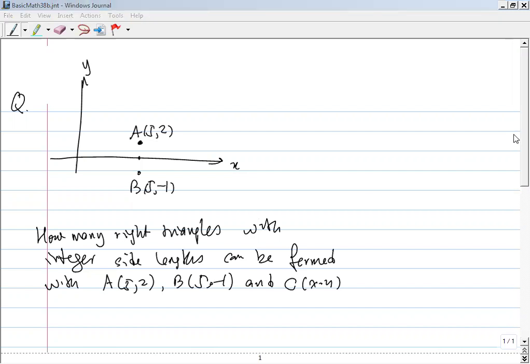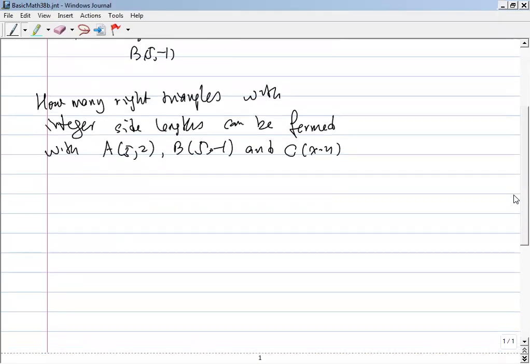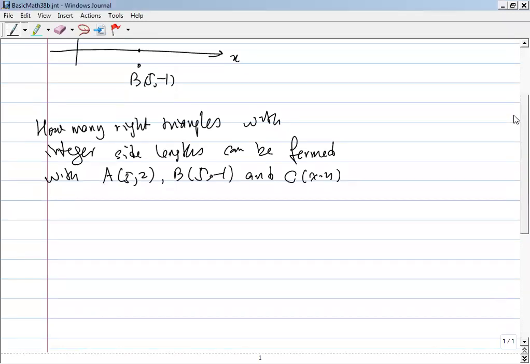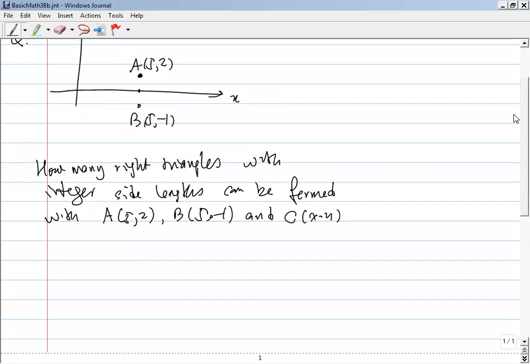Now there are not many special right triangles there, okay? In order to solve the problem, you look at the distance between A and B, which is 2 minus -1, so it's going to be 3.